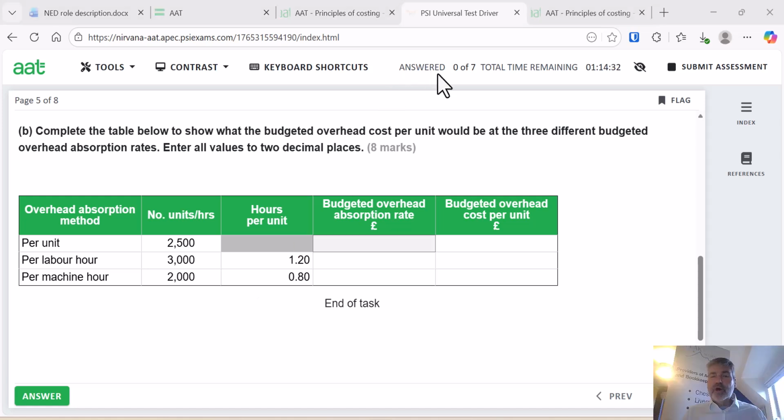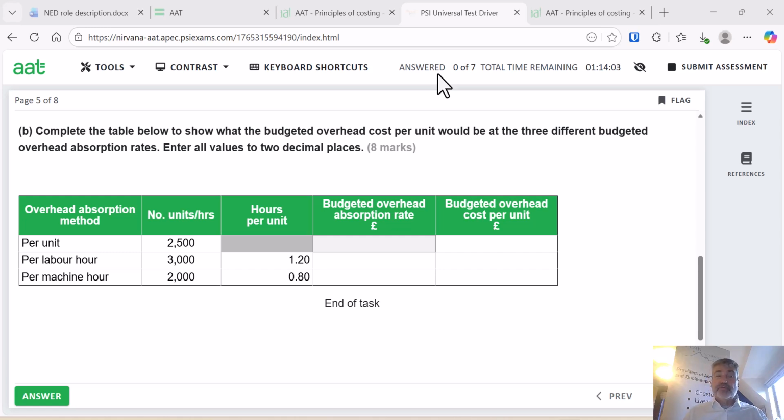So now we're asked to calculate the budgeted overhead absorption rate. This is going to be the charging mechanism. This is going to enable us to ultimately work out how much overhead we're going to charge to one cost unit. To calculate it, the formula is very simple: budgeted overhead cost divided by budgeted activity.